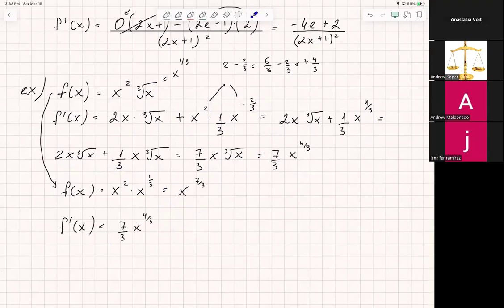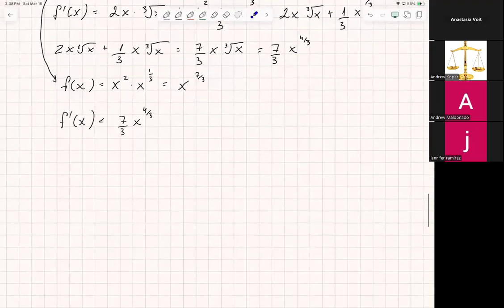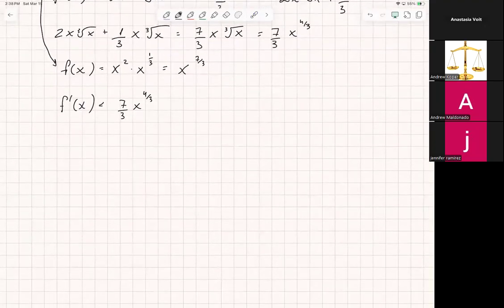If I ask you to solve a problem using a specific way, but you know that you can solve it any other way, please follow the instructions and solve the problem the way that I want you to solve. Okay. Let's see another example.